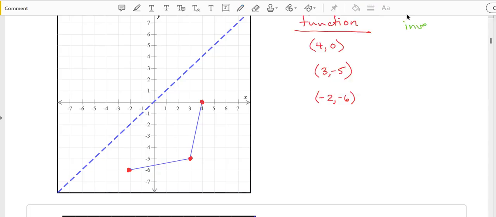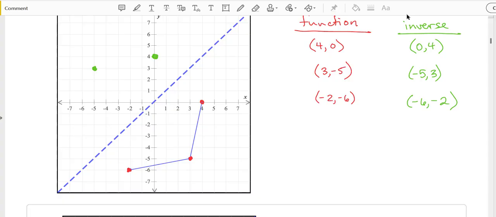Now, for the inverse, I'm going to do it in green. Points on my inverse will be (0, 4). Now, where is that? (0, 4), right there. I'll have the point (-5, 3).